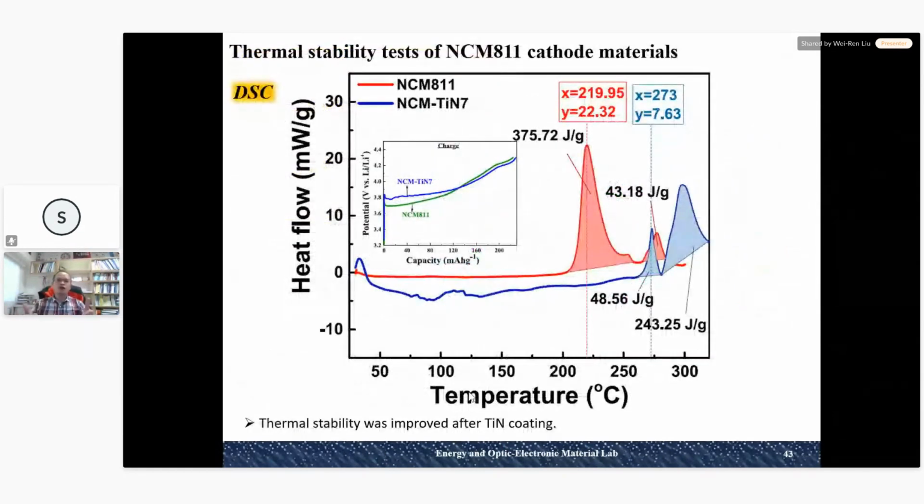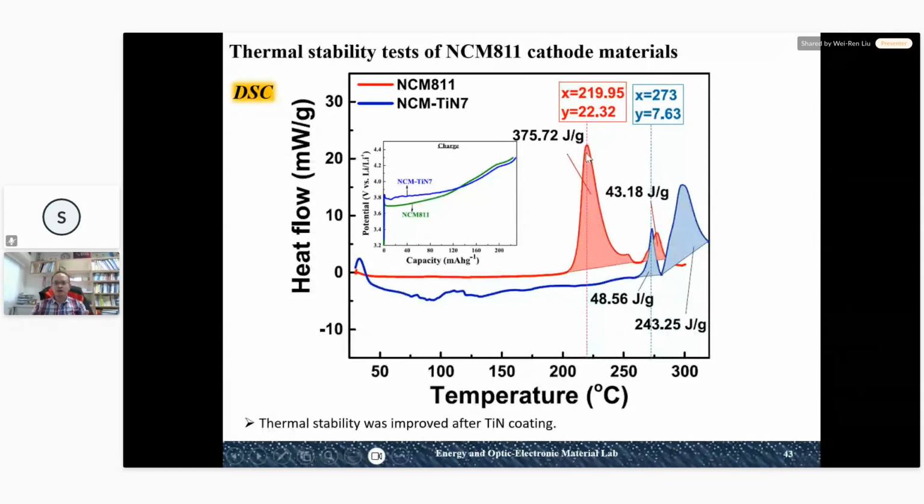We also use the DSC to see the thermal stability. We charge our electrode, open the cell, and put the electrode into the DSC sample holder, and we put one drop of liquid electrolyte, and we heat the sample holder. As you can see here, the pristine 811 is the red color.